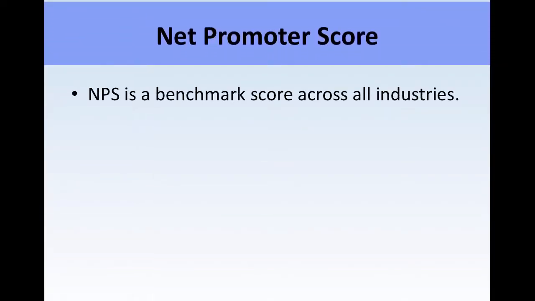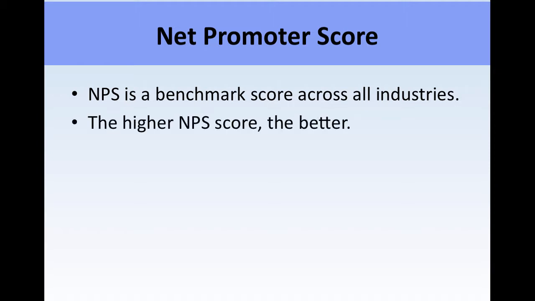Alright, so to begin, we're going to introduce what we call Net Promoter Score here. Net Promoter Score is used as a benchmark to scale your company across other industries and other companies as well, instead of just inside your own. The higher the NPS score, the better.